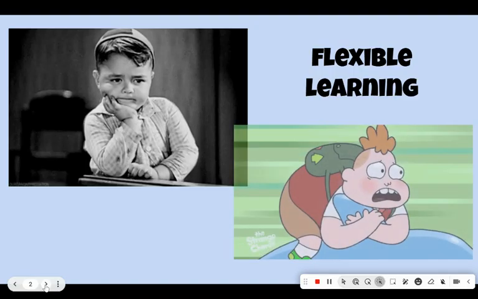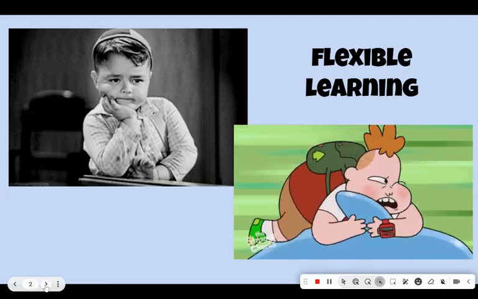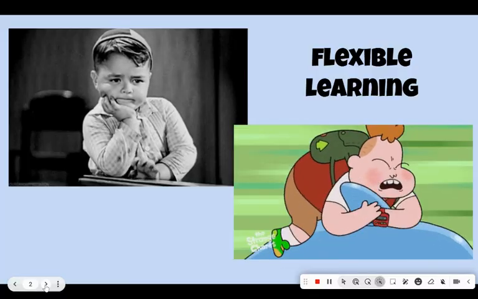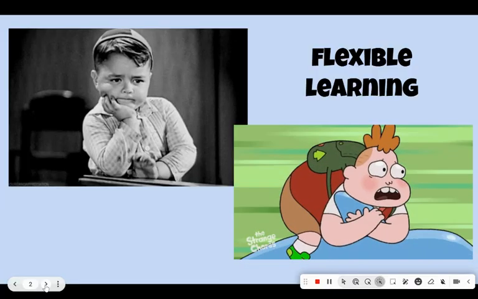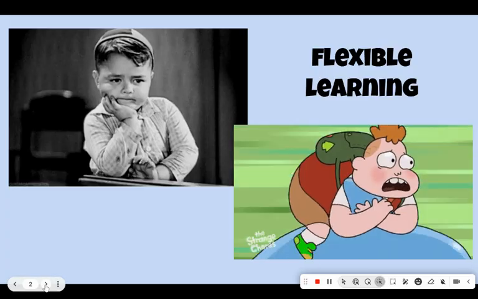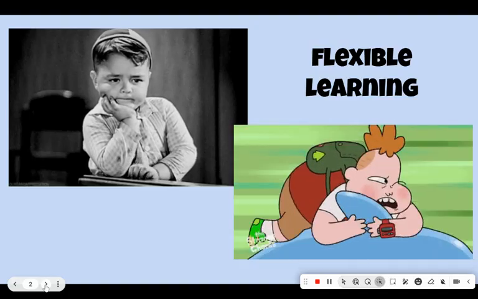Or on the other hand, have you ever thought everything was going too fast and you're still on question 1 and the teacher is giving the answer to question 3 and you just can't keep up? Well, if you've been in either situation, flexible learning is going to help with that.